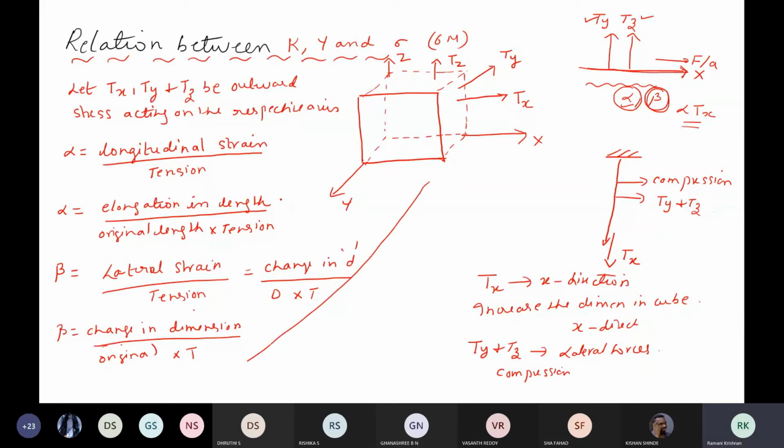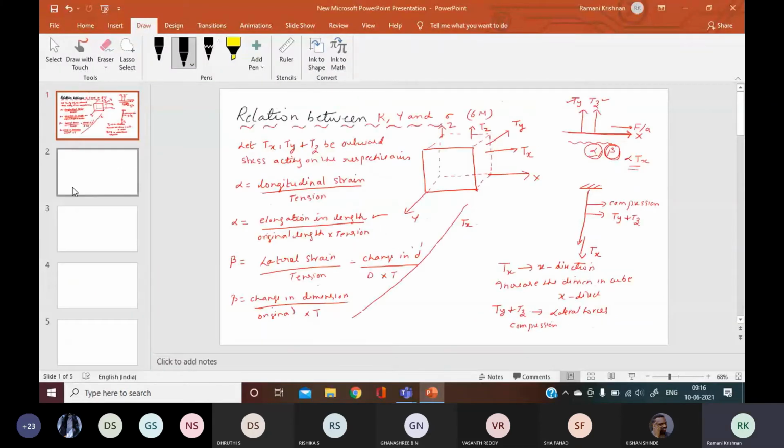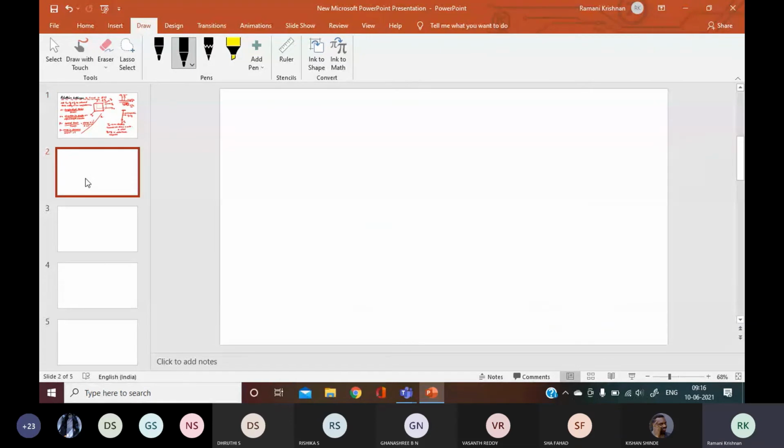Now you'll understand what I'm going to do. Tell me, let us say for Tx, I want to know what is the elongation in the length when the force is Tx. Now tell me what is the elongation if I substitute here directly. Just 1 minute. Right.